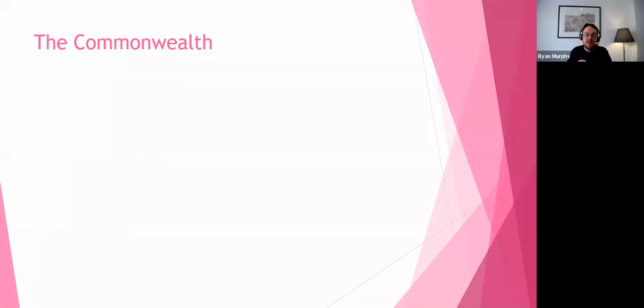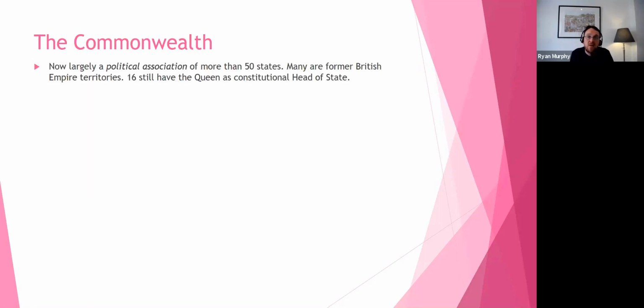And then finally, looking at a different set of jurisdictions which have, or have had, a constitutional relationship with the United Kingdom, we look at the Commonwealth. Now, the nature of the Commonwealth has changed quite significantly over the years, and now largely this is a political association. It contains more than 50 states.